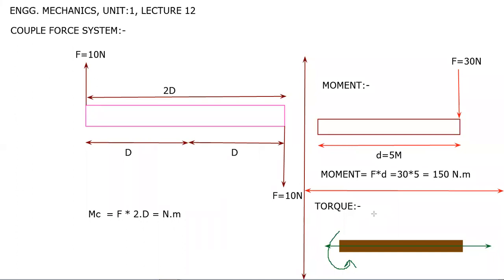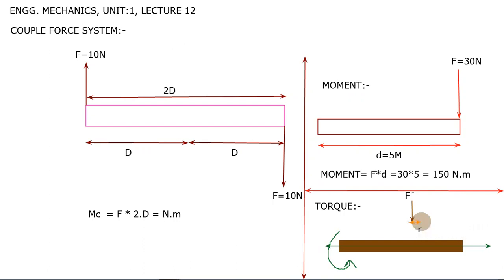So torque also has a unit similar to this. You can have the top view of this like this. This force is imposed on this, having magnitude F, and the distance from its center, let's assume, is small r.